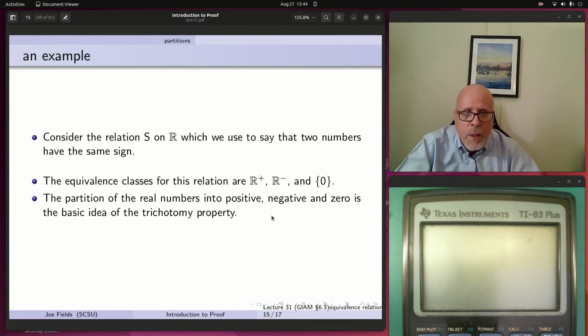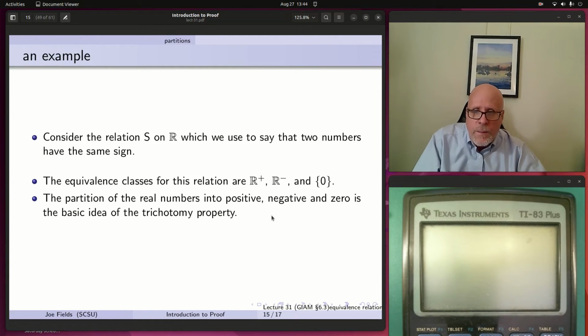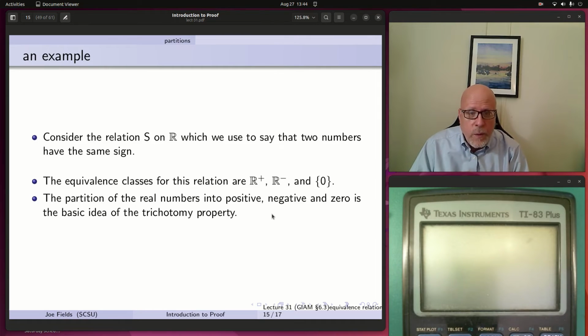The trichotomy property is one of the things you can use to introduce a proof by cases. If you have to prove something about a real number and you don't know where to get started, think about applying trichotomy. You can guarantee that every real number is either positive or negative or zero. And so maybe that further assumption gives you enough ammunition to get rolling on your proof.